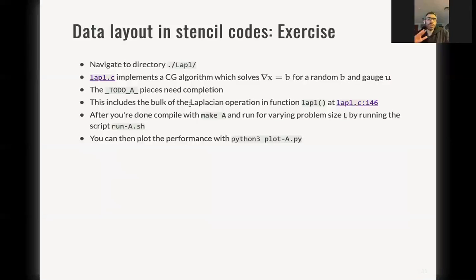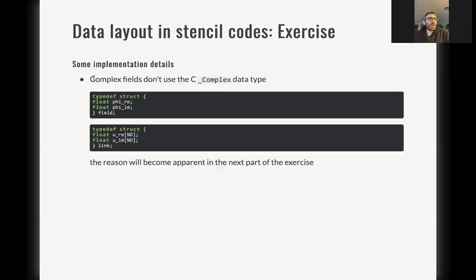By the way, for this first exercise, we use a naive data layout, okay? So basically you have complex fields that have real and imaginary parts separately. So these represent what I'll call fermions in this case, this scalar thing, which is not really a fermion.